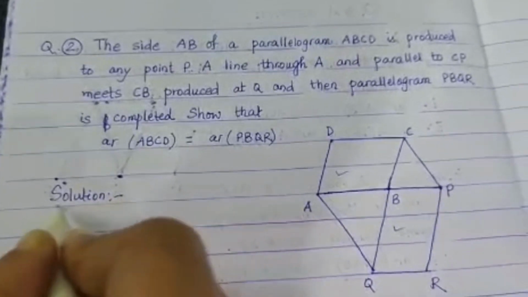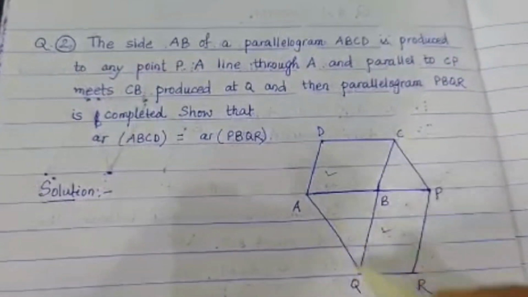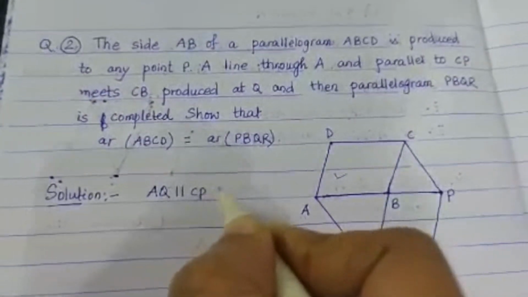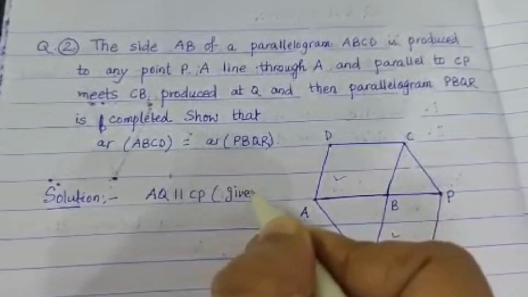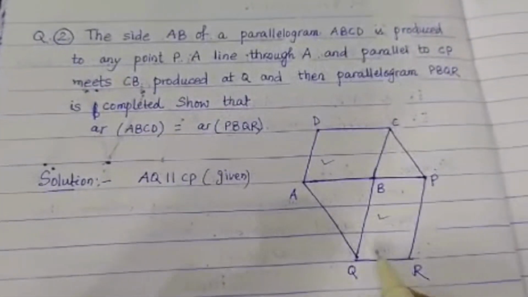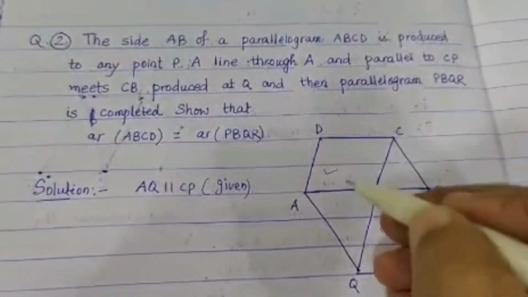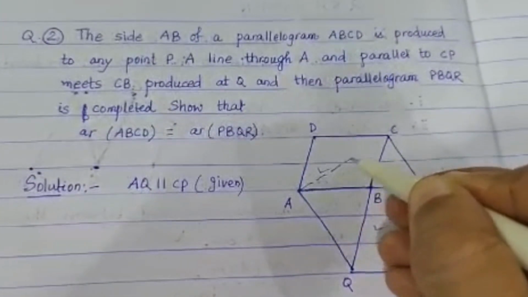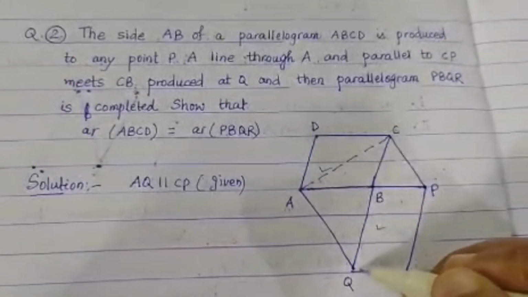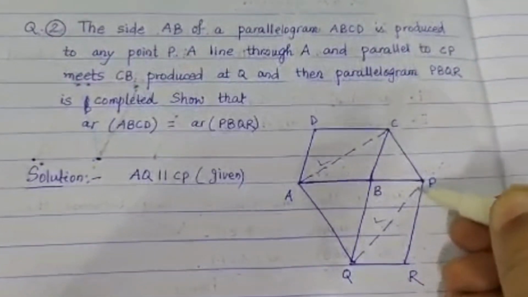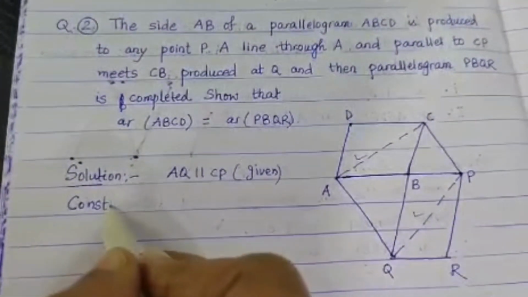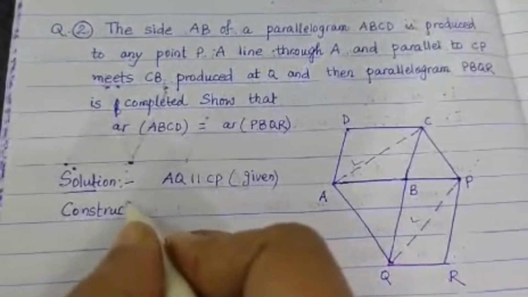So first of all, we will write that AQ is parallel to CP. It is given. Now let's do one construction. Let's join AC and PQ.